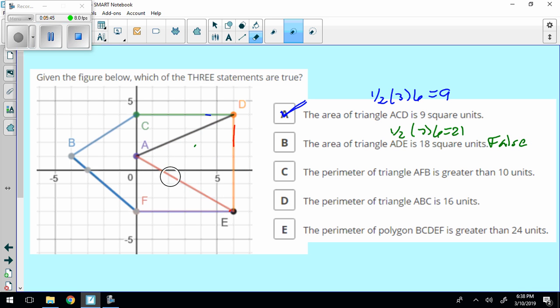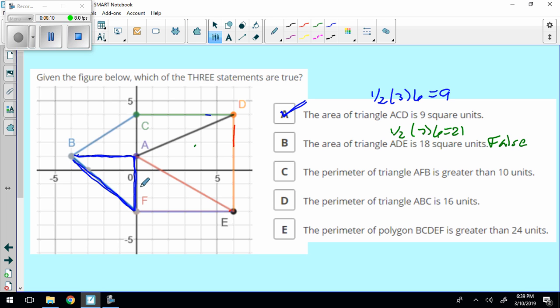Next, we're looking at triangle AFB. Its perimeter is greater than 10. So triangle AFB, A to F to B. This triangle is bigger than 10.